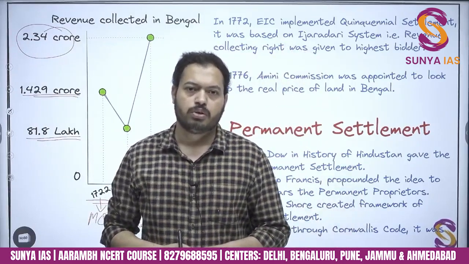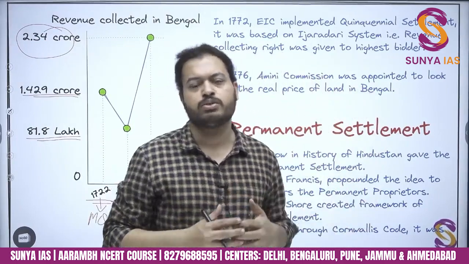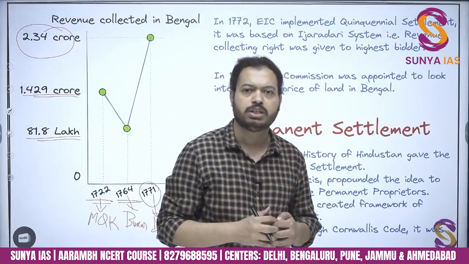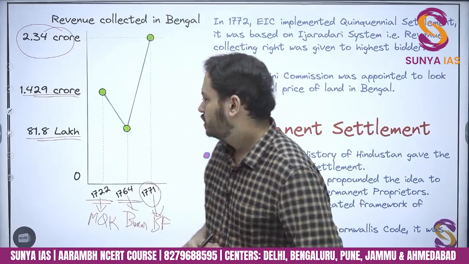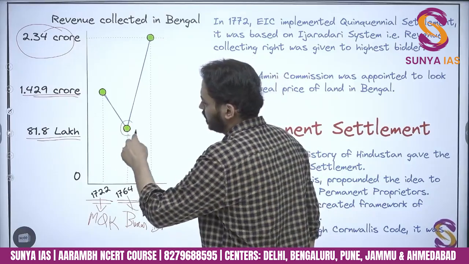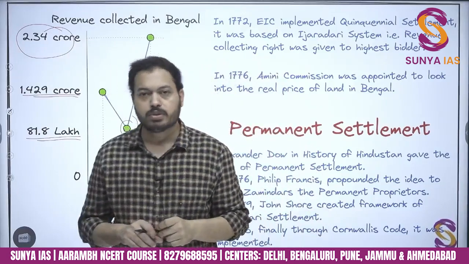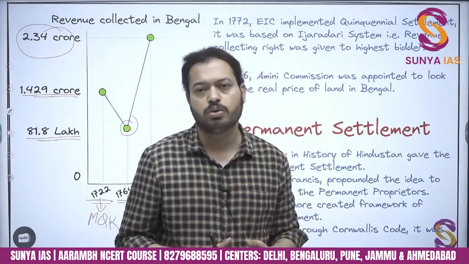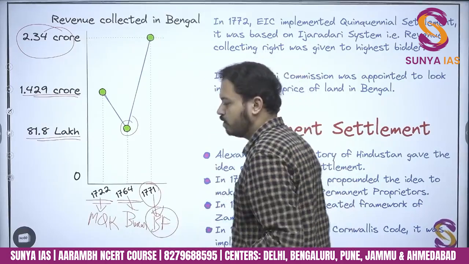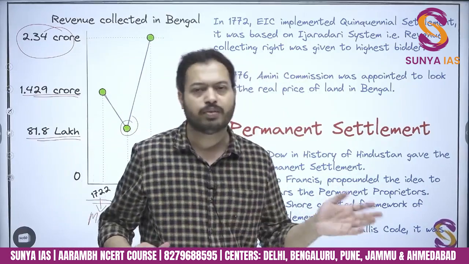So what was it? Were the British excellent in revenue collection, had they devised some excellent methodology, that in a mere 7 years they increased the revenue collection from 81 lakh to 2.34 crore? Mind the numbers, even though in 1770 Bengal had seen the Great Bengal famine, where one third of the total population either died or moved away.